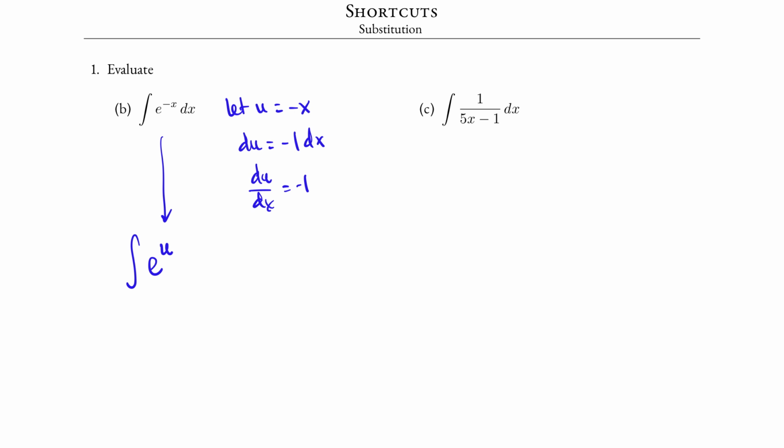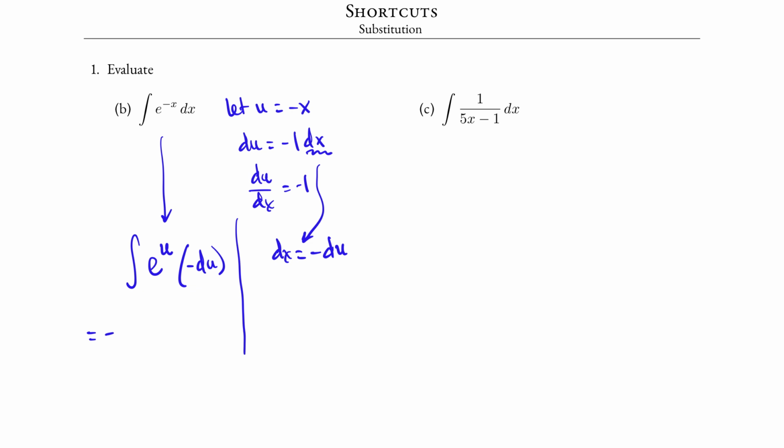And dx by itself is negative du, because if negative 1 dx equals du, then dx equals du over negative 1, or simply dx equals negative du. It is very important that we substitute dx with the corresponding expression.